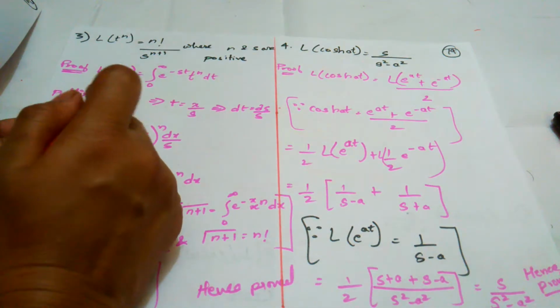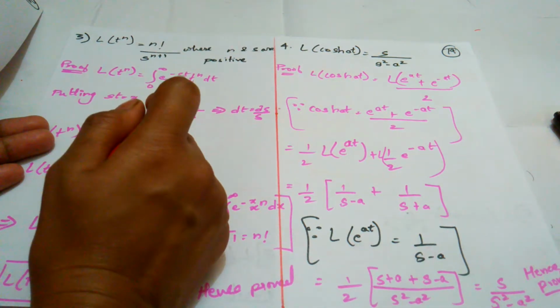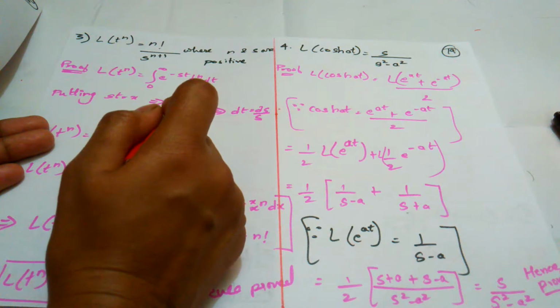So L of t raised to n is equal to the integral from 0 to infinity of e raised to minus st times t raised to n dt.